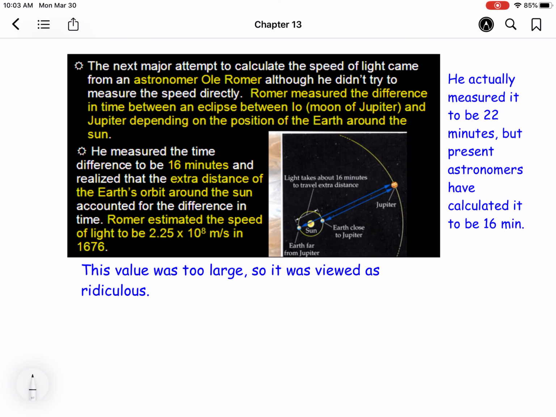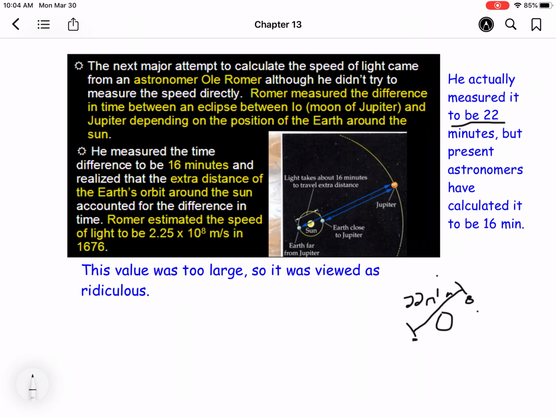He used geometry and the eclipse, and he originally measured it to be 22 minutes. I know the slide said 16, but he originally measured it to be 22 minutes, right? He figured out that when Earth's on one side versus the other side of the sun, the difference there was 22 minutes.